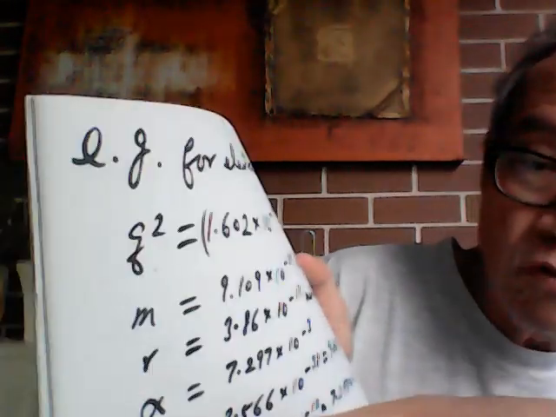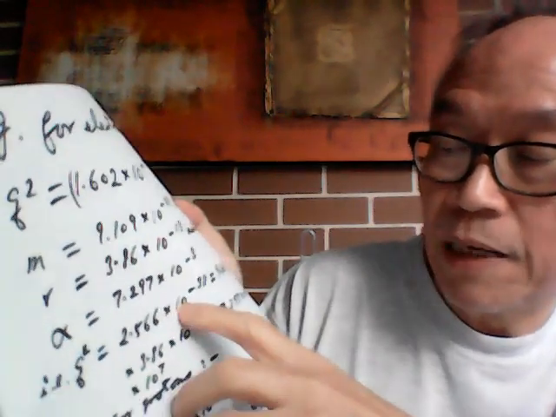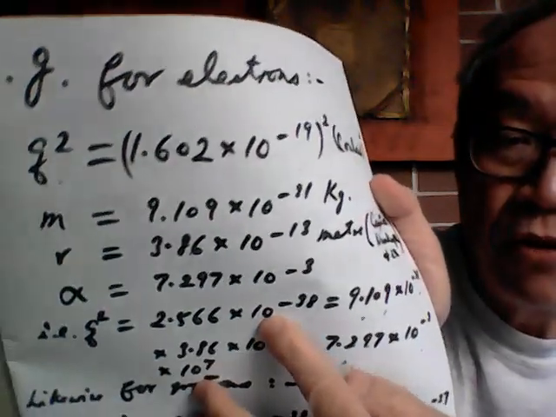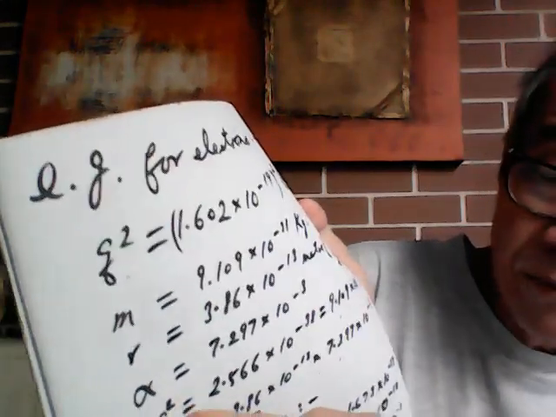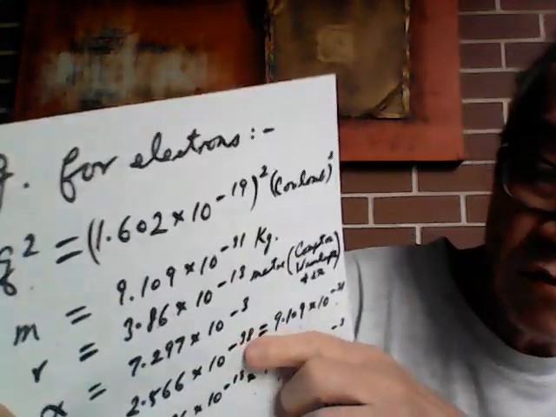And that is Q squared equal to 2.566 times 10 to the power minus 38. This is the value of Q squared.